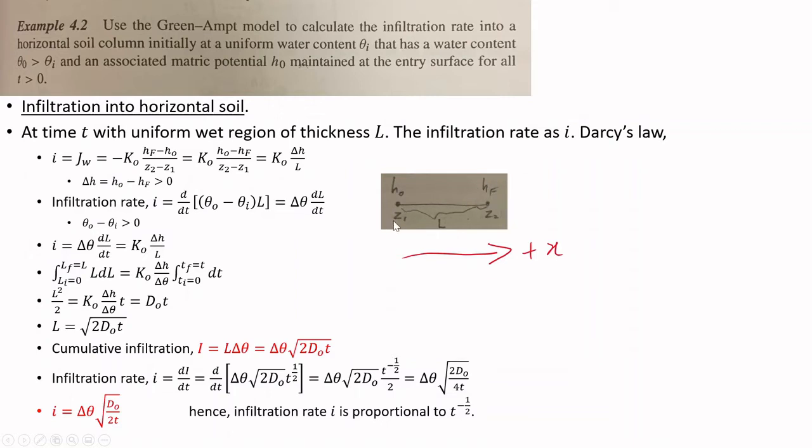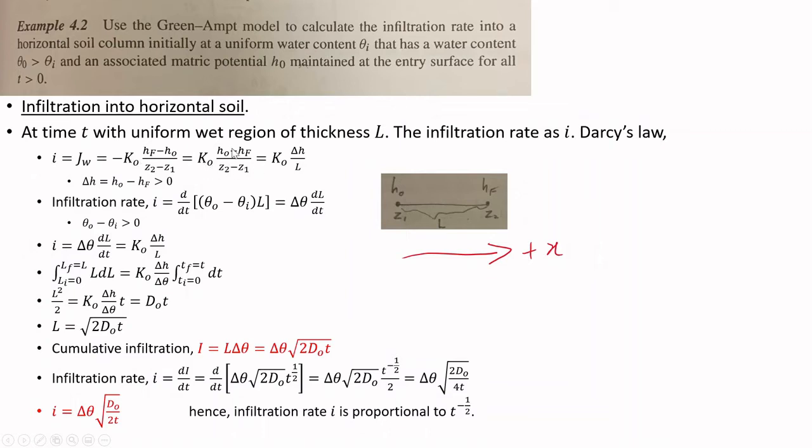So we have a distance from Z1 to Z2, and their difference is L. So we can take HF minus H naught divided by Z2 minus Z1. Here we have a negative.